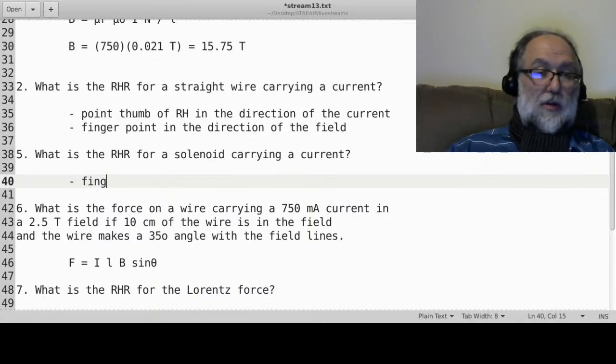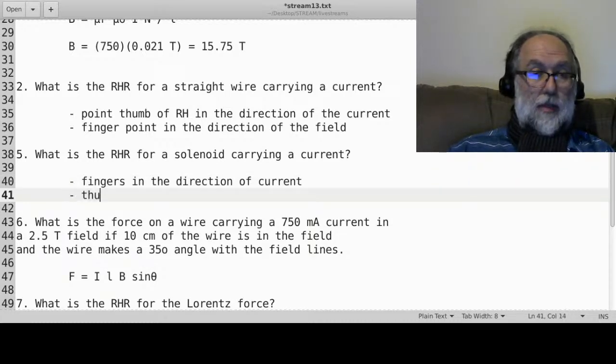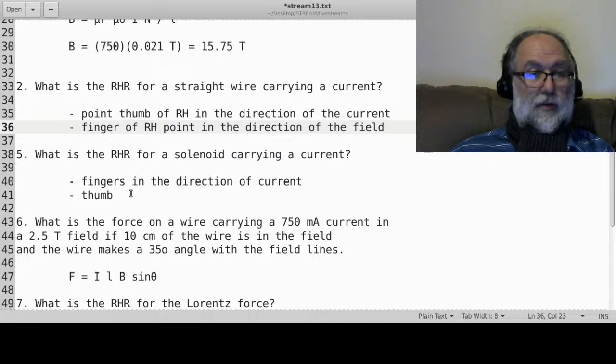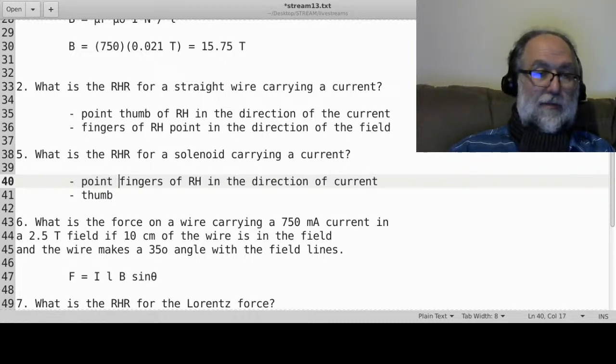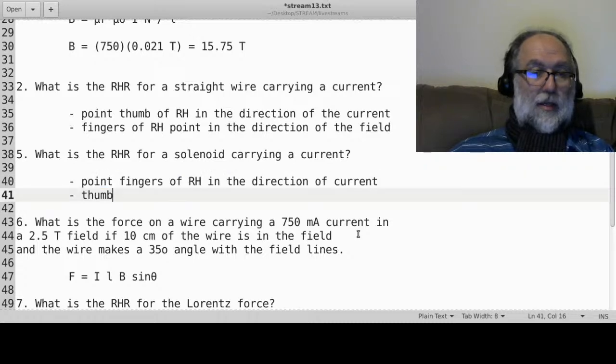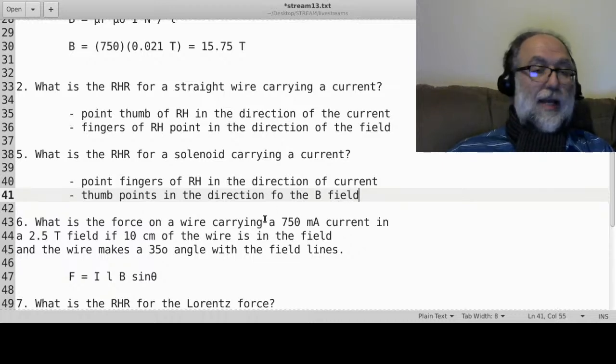You point the fingers of your right hand in the direction of the current, and remember they're coils, and then your thumb points in the direction of the B field. Okay, so notice it's kind of opposite.